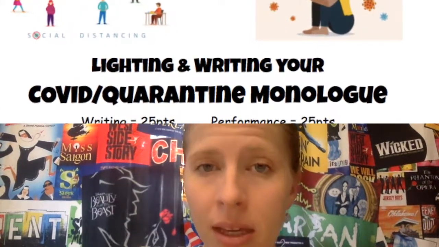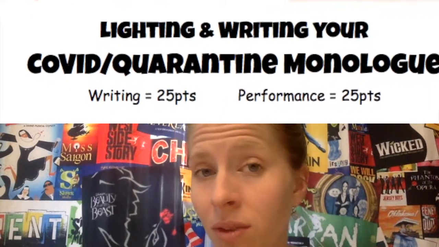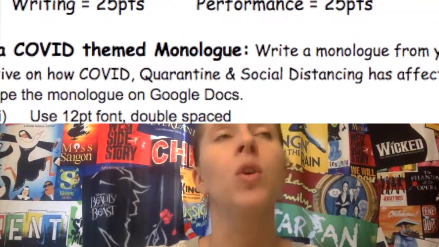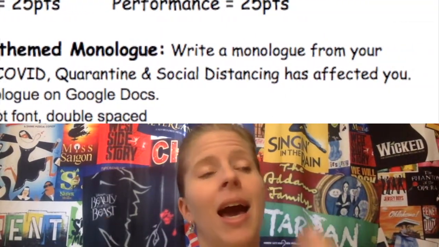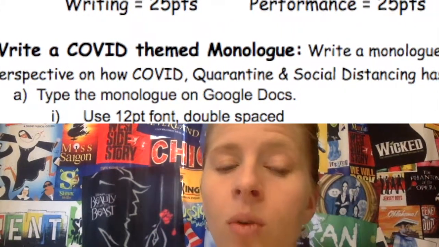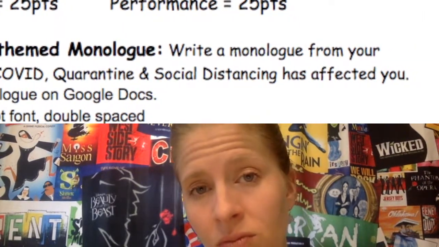So the writing of the script is 25 points and the performance is 25 points. So number 1, write a COVID-themed monologue. You're going to write a monologue from your perspective, saying I, we, and how COVID, quarantine, and social distancing has affected you. You're going to type that monologue on Google Docs.